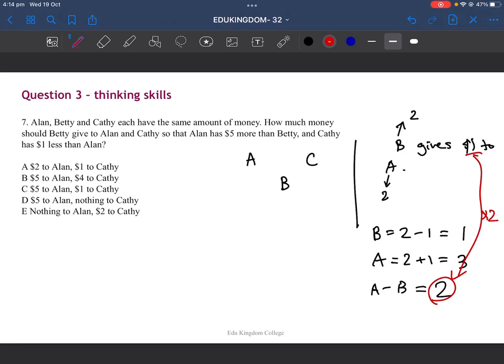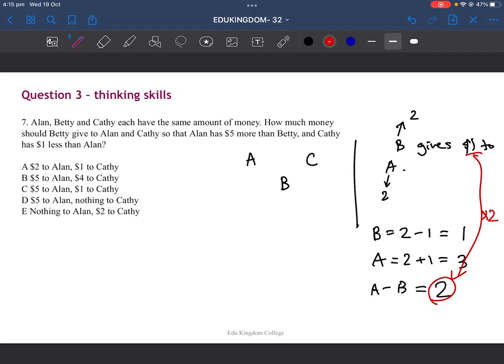So if you were to give $2 to your best friend, then the difference between your money and his money is now $4, because you lost $2 in giving $2 to your friend, who now has $2 more than you. Your friend has $2 more than you. You have $2 less because you gave that $2. Does that make sense? And the difference between you two would be $4.